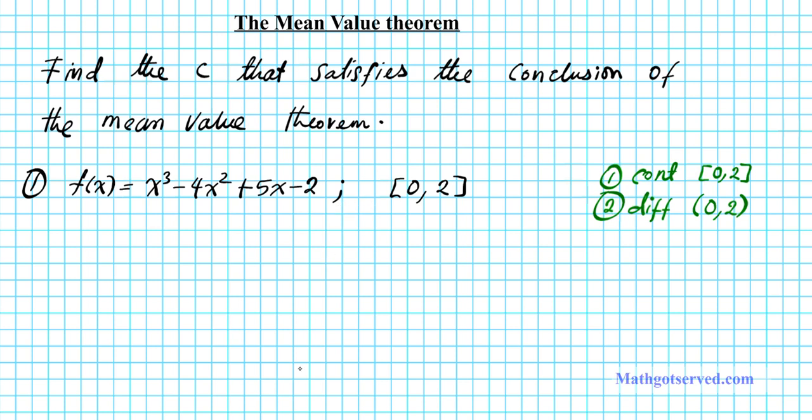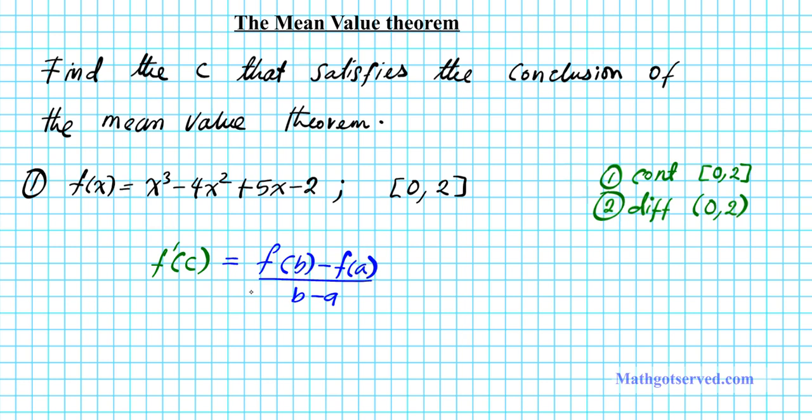So what is the conclusion of the mean value theorem? The conclusion is that there is a point where the instantaneous rate of change somewhere in the interval is equal to the average rate of change over the interval, so f of b minus f of a over b minus a.